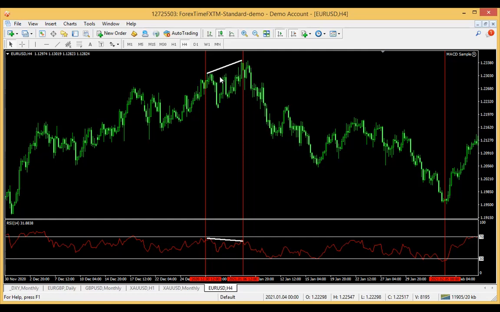With the help of hidden divergence and regular divergence, you can spot when the market wants to reverse. But mostly RSI is used for reversal, which is called regular divergence, while stochastic is used for hidden divergence. Hidden divergence is like trend continuation when we talk about that.